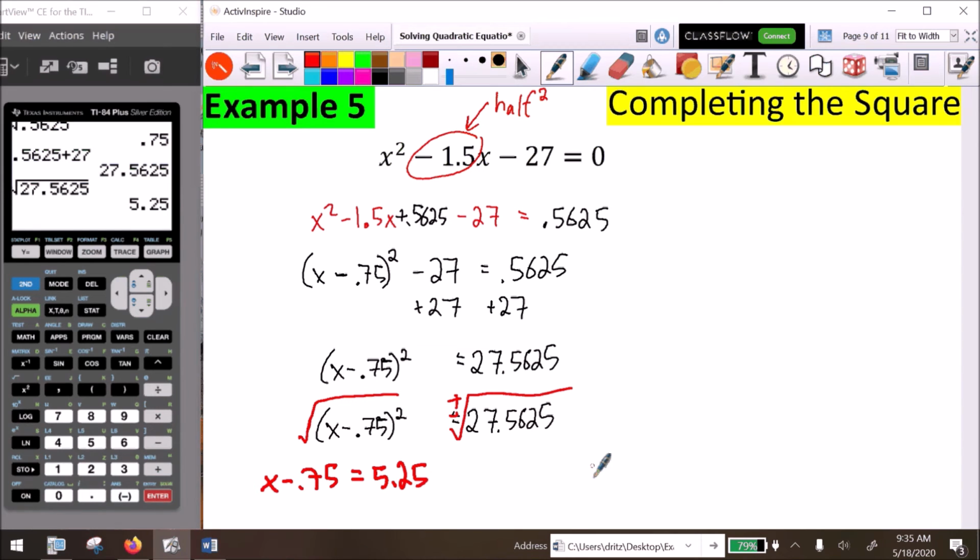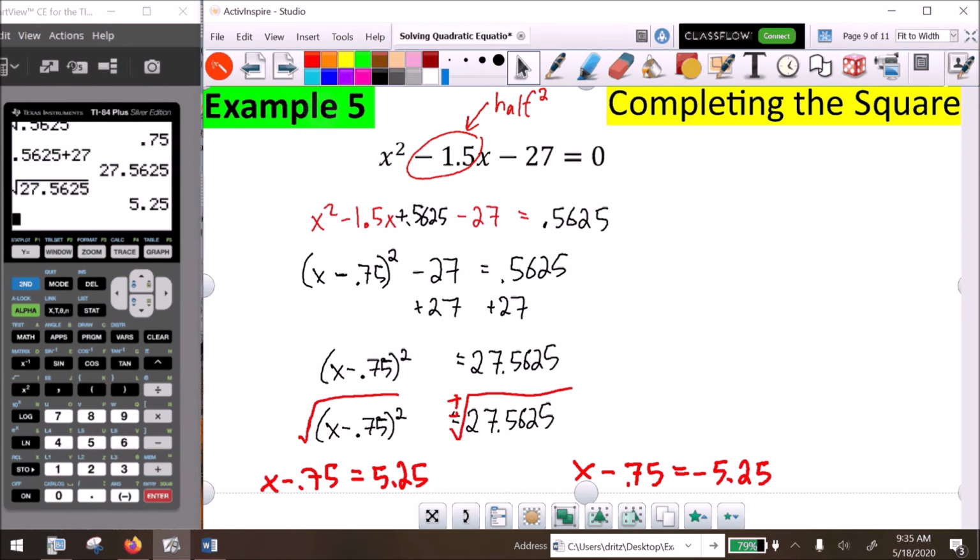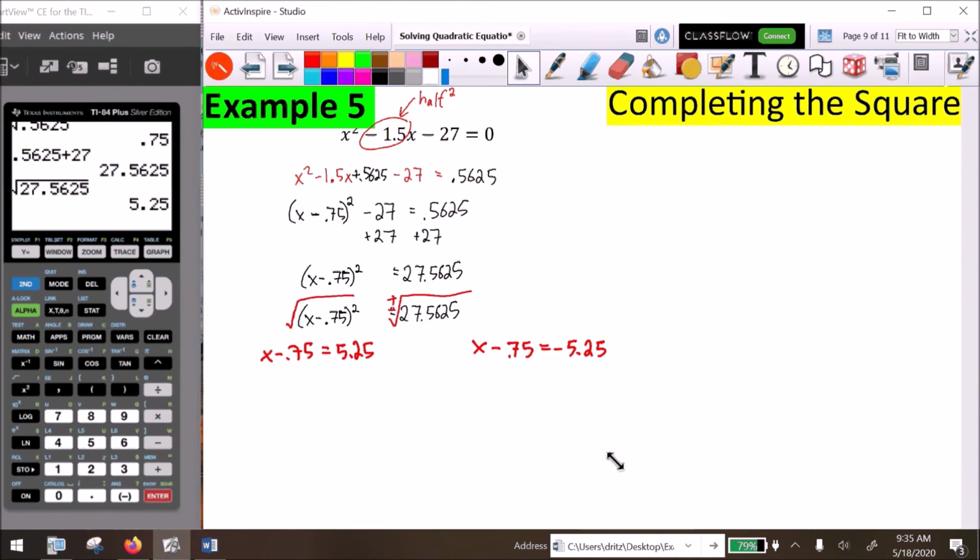And the other answer is the negative answer to the square root of 27.5625. It's negative 5.25. That is something the calculator will not tell you, that there's actually two square roots to numbers, and it's something that I guess you were never really told in middle school or maybe elementary school. They never told you that there's two square roots to every number, the positive and the negative, but you have to use that here.